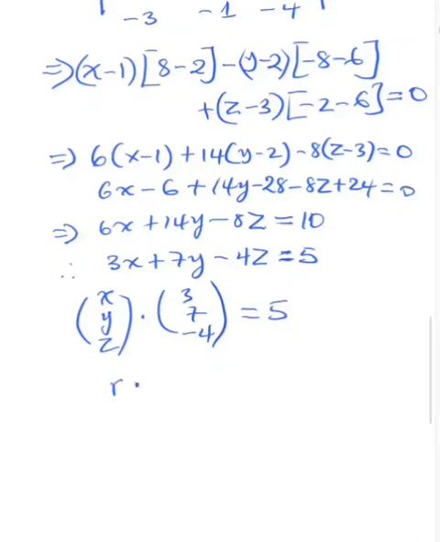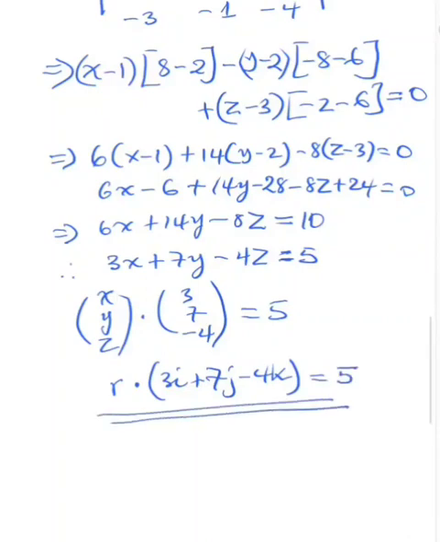So r dot 3i plus 7j minus 4k equals 5 would be the vector equation of the plane that has been asked in the question. But most of the time they would only ask you the Cartesian equation, which is here.